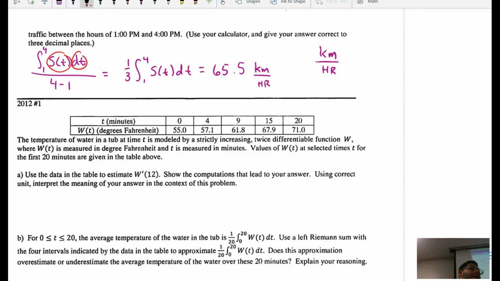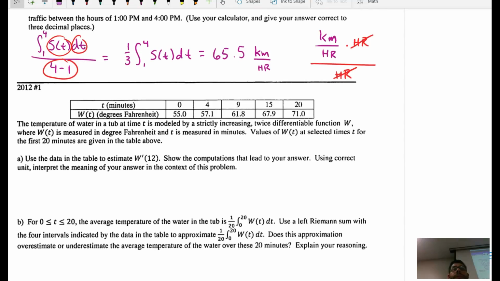What are the units for dt? Time. So times hours. And we're dividing by the interval, which is an interval of time, and so that also would be hours. And so when we cancel hours with hours, we're left with kilometers per hour.